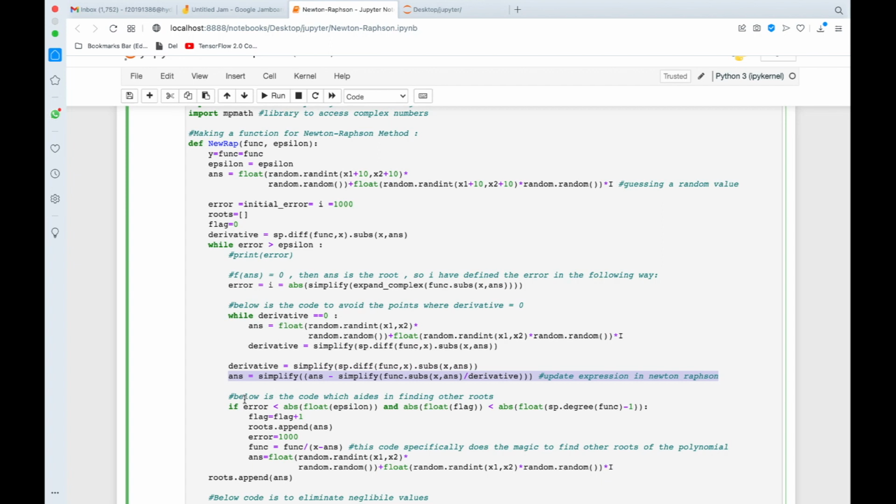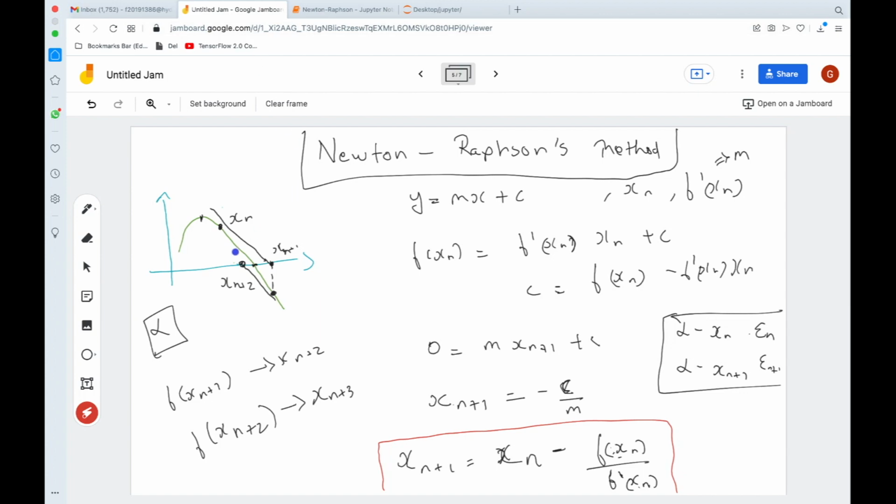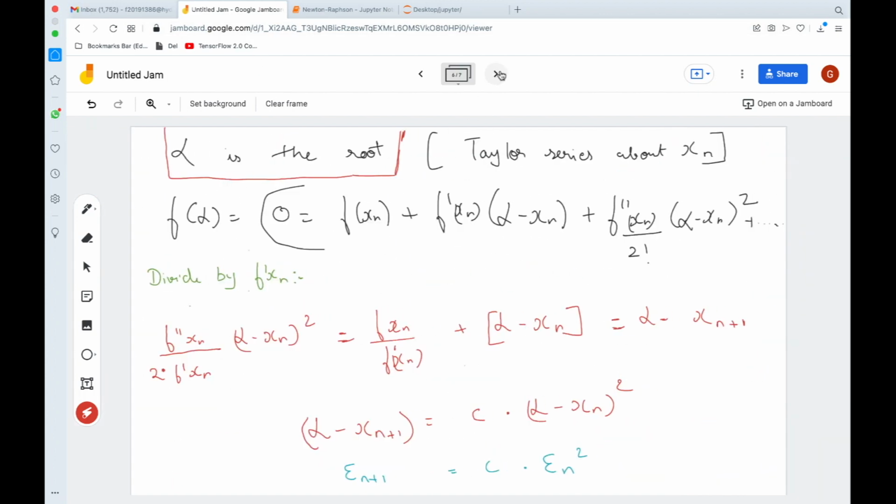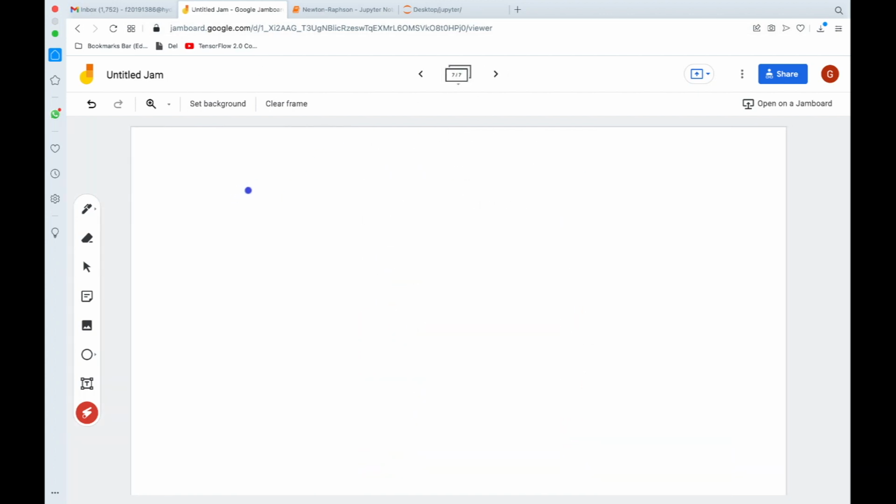Okay, and here below is a code which aids in finding the other roots. So what you basically get is a random root alpha. If a polynomial is having multiple roots, we can guess some value x and land at some value near alpha.